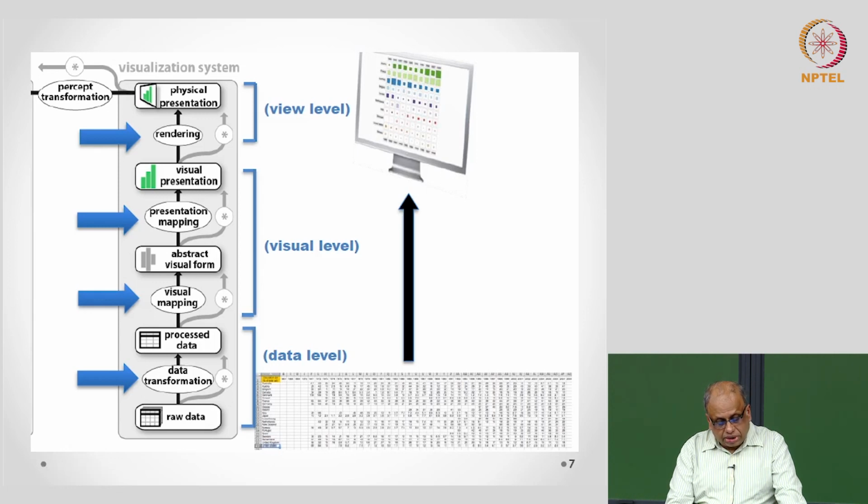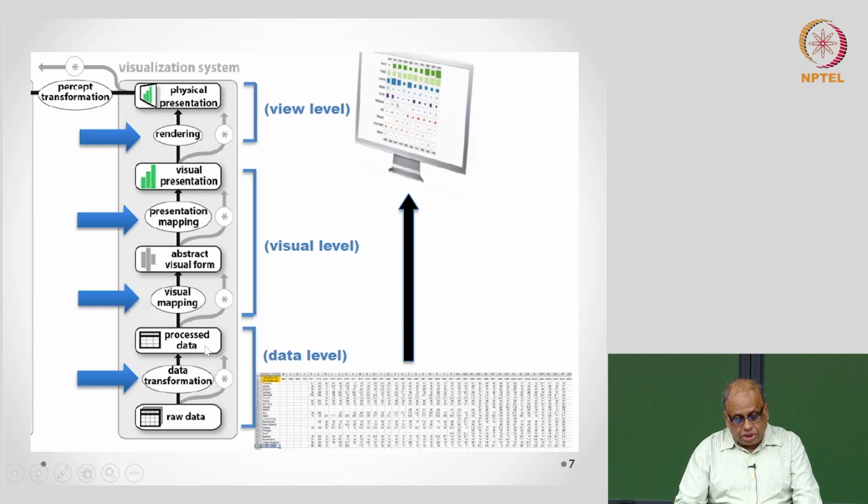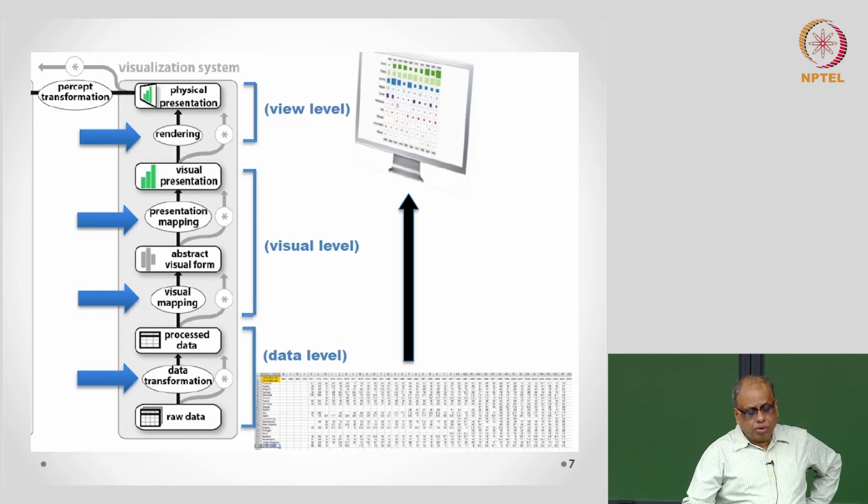So how it works is that you have the raw data, which you present as a visual presentation. From the raw data you have a data transformation to get the processed data. For example, from the raw data you put it into an Excel file to get processed data. Then you do some visual mapping, for example, I will use color to represent the age of the person.